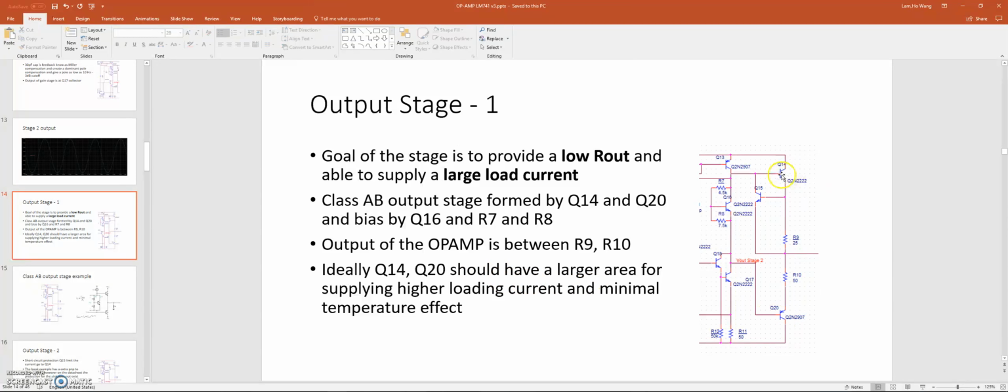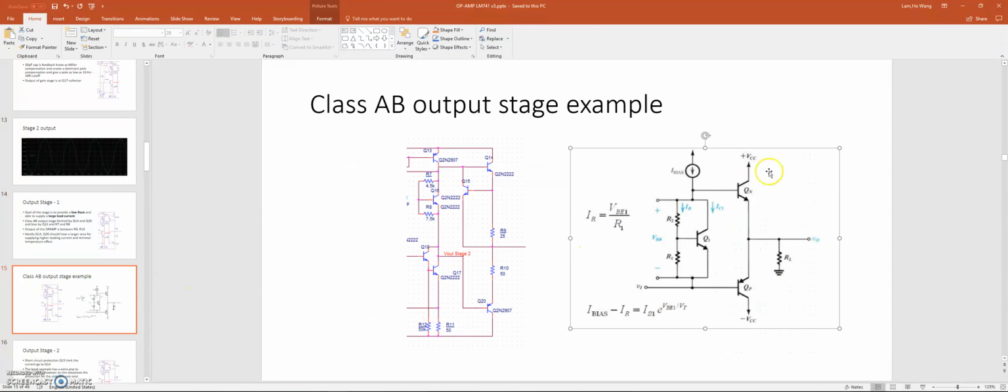And notice that Q14 and Q12, ideally they should have a larger area so that they can supply a higher loading current and minimize the temperature effects. So here I have an example of a Class AB amplifier setup. Q14 and then Q20.